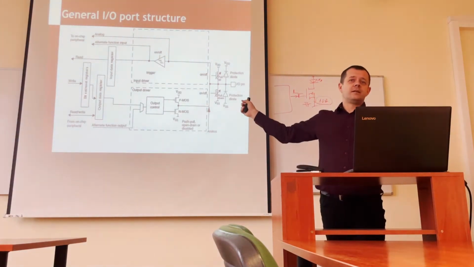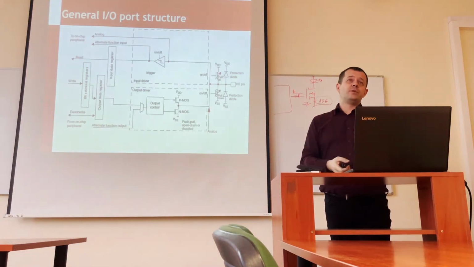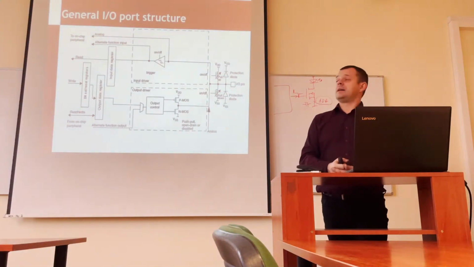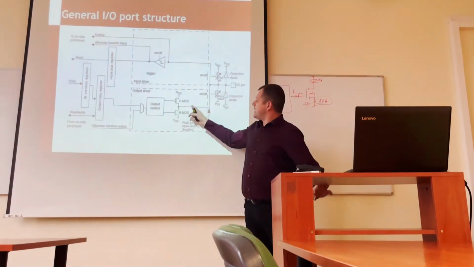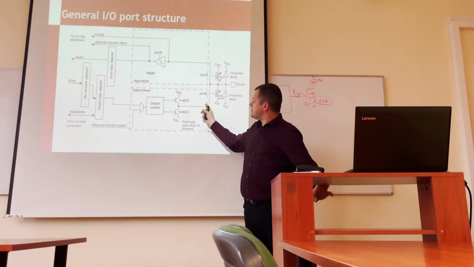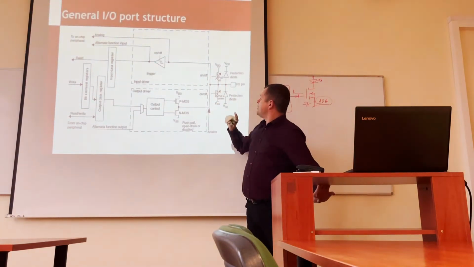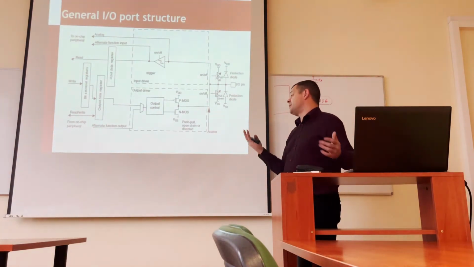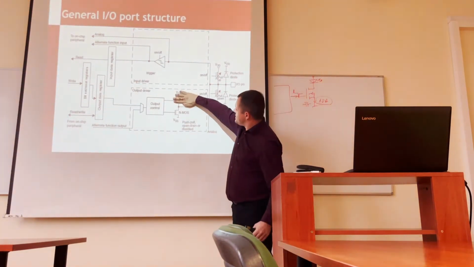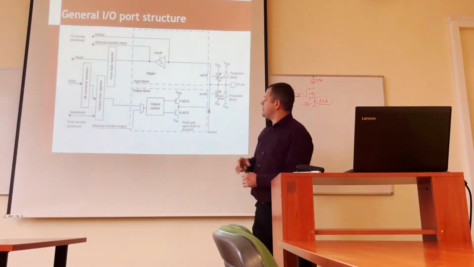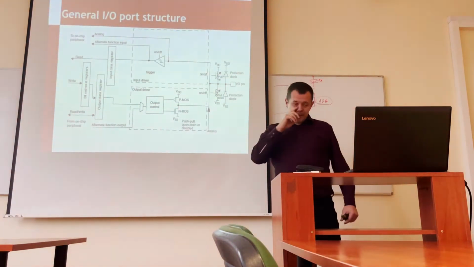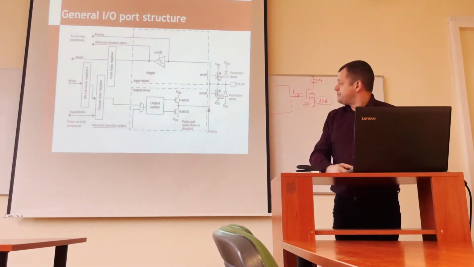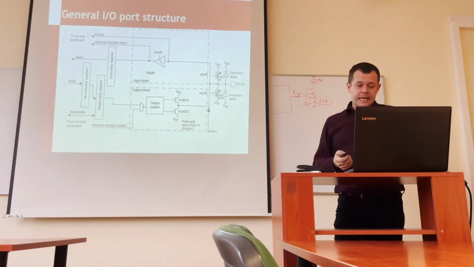Because normally we shouldn't connect many push-pull outputs to one line, because they have different impedances and we shouldn't connect them together. But if we have a pull-up configuration, a so-called open drain or open collector configuration, when this transistor is missing and we have just one pull-up, then we can combine many outputs onto one line, and then there is no problem with current flow and with various impedances.